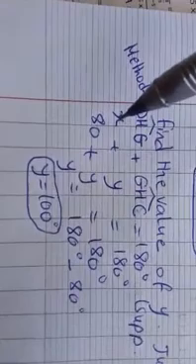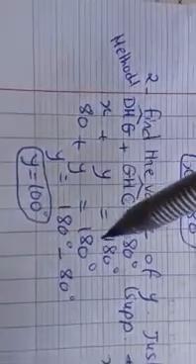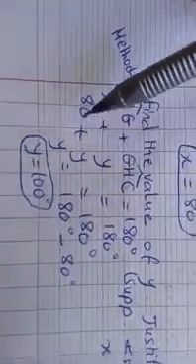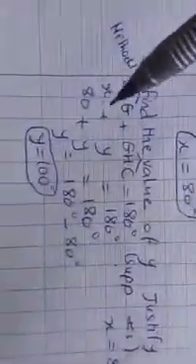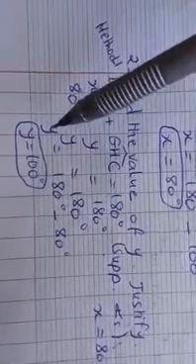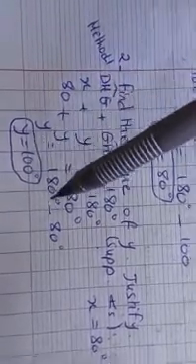Then DHG is X and GHC is y, so X plus y equals 180. X equals 80 degrees, proved from the previous part, you see. Then we substitute, instead of X we put 80 plus y equals 180 degrees. We take the unknown to one side and the numbers to the other side. 180 minus 80 is equal to 100 degrees.